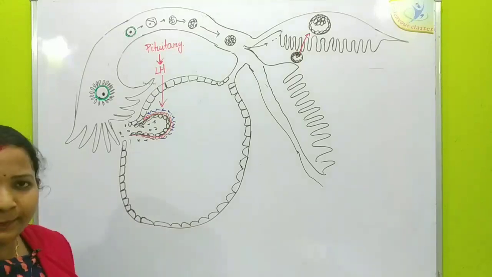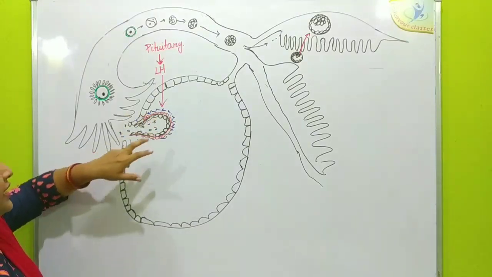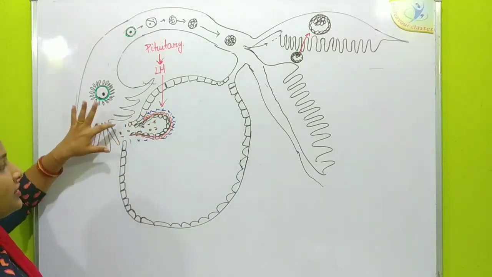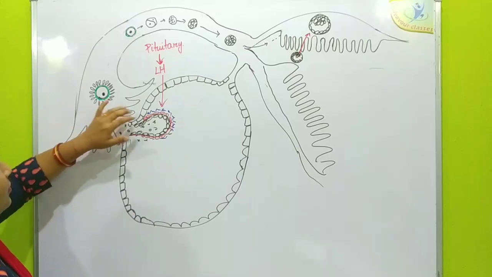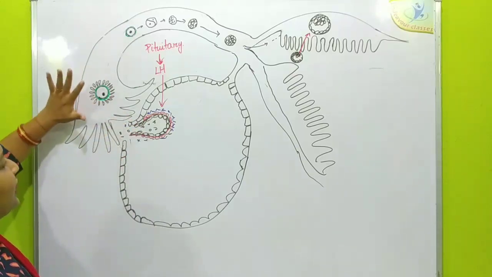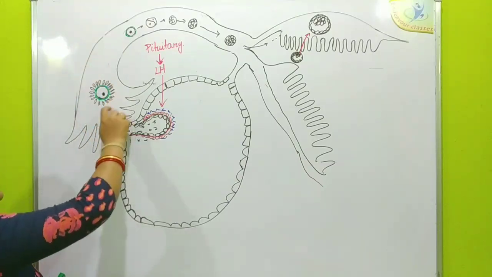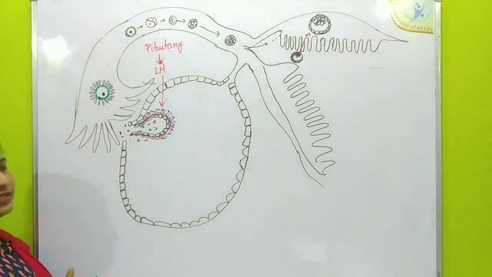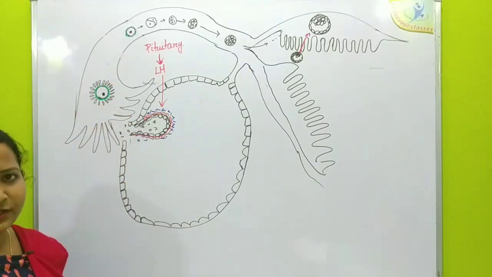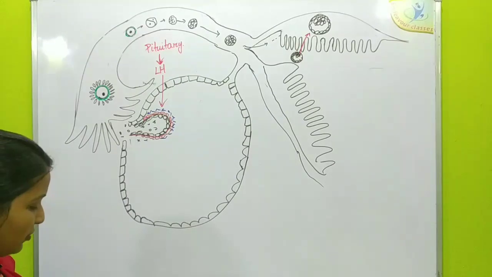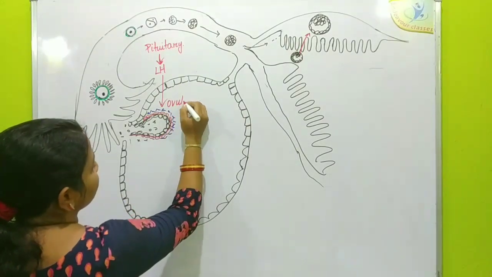As a result, after rupture of the Graafian follicle, the secondary oocyte is released into the coelom, that is the peritoneum, and from the peritoneum it is taken up with the help of fimbriae into the fallopian tube. So this mass, the secondary oocyte with the corona radiata layer, is now inside the fallopian tube and ovulation has occurred.